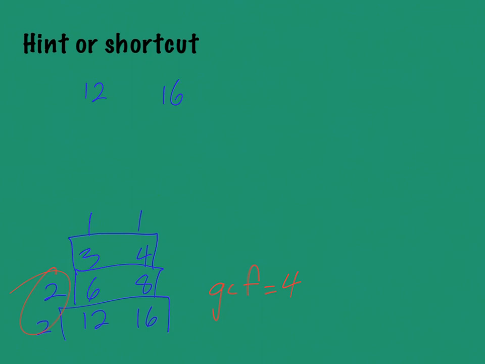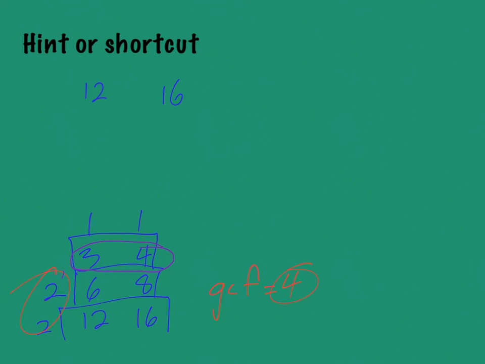Did you know you can find the lowest common multiple using your birthday cake? It's possible, and I'm going to show you how right now. So you take this greatest common factor, and then you take the top layer of your birthday cake, which is 3 and 4.